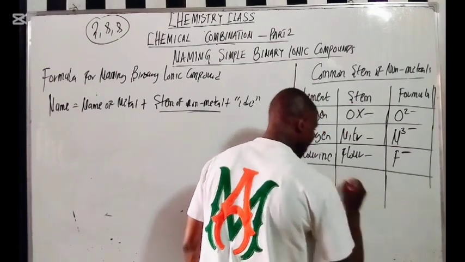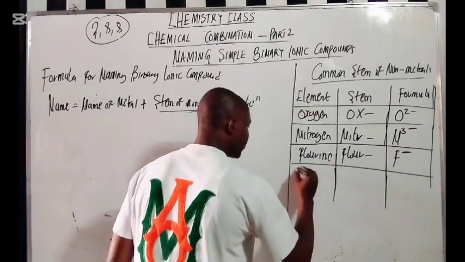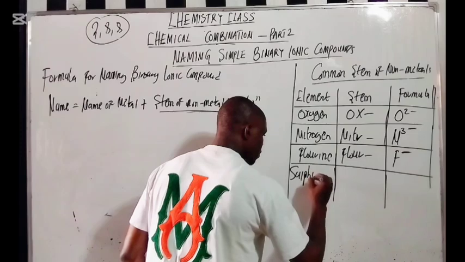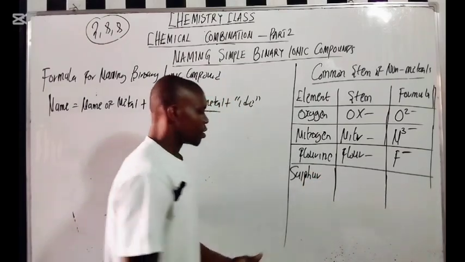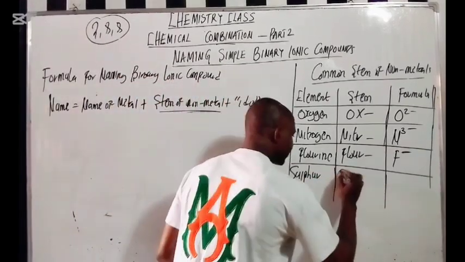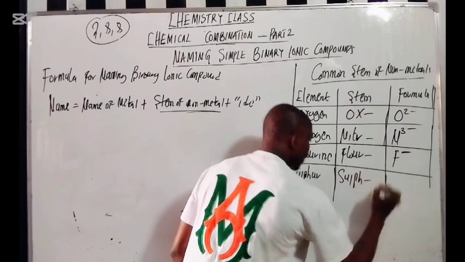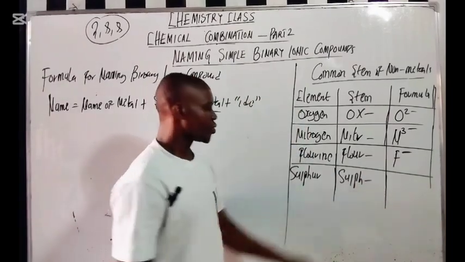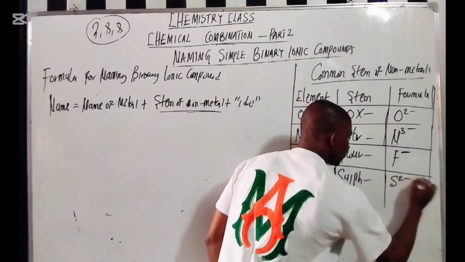Next one I want to see is sulfur. Sulfur is called sulf, and the formula is S2 minus.